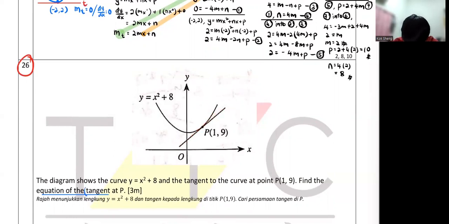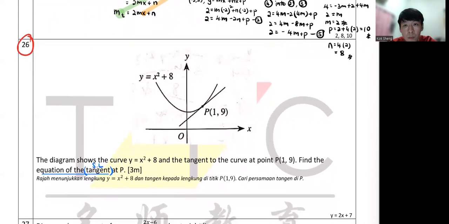Okay, so it is a straight line. From here, everything is a bit different. We're going to go for the straight line formula.